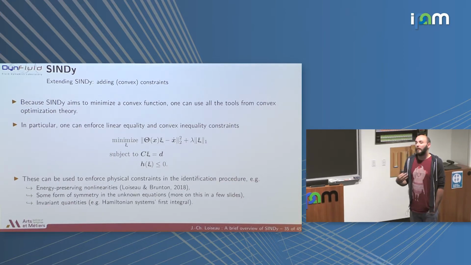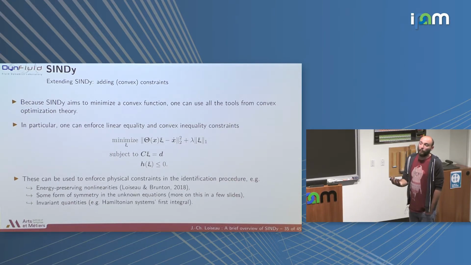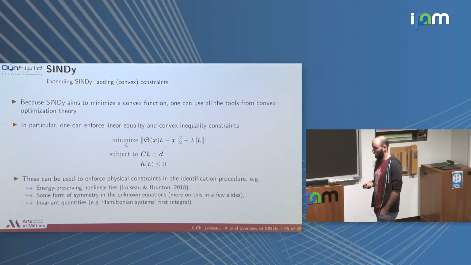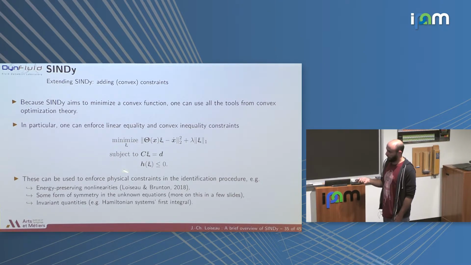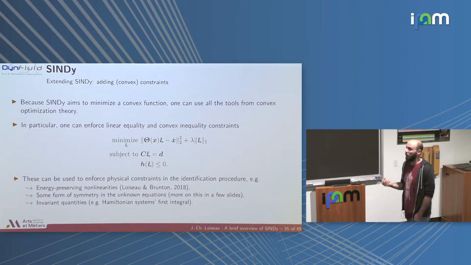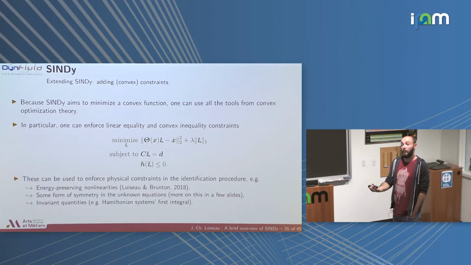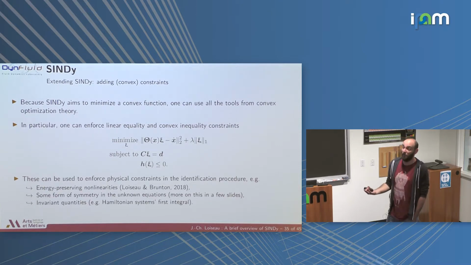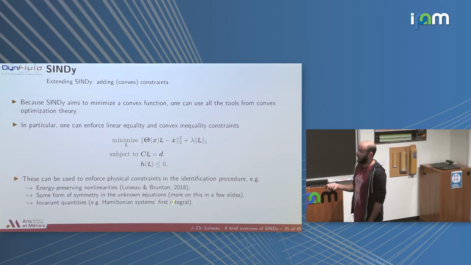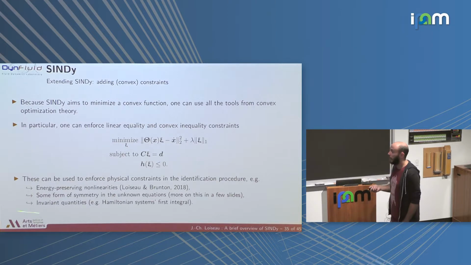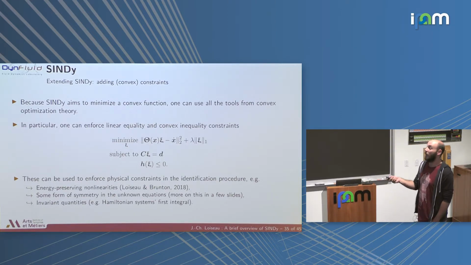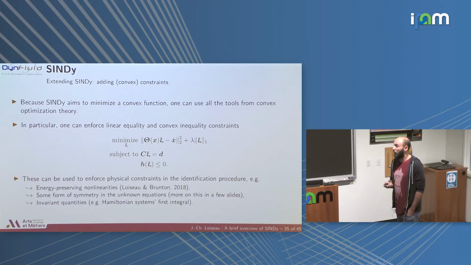That would be, for instance, what Steve presented, like the skew-symmetric nonlinear term, the energy-preserving term in the Navier-Stokes. This convex inequality could be used, for instance, to impose the dissipative structure we've seen for the Lorenz system. It's a convex equation in the coefficients, so we can impose it directly during the identification step of our problem.